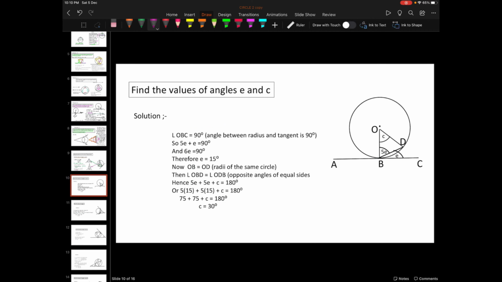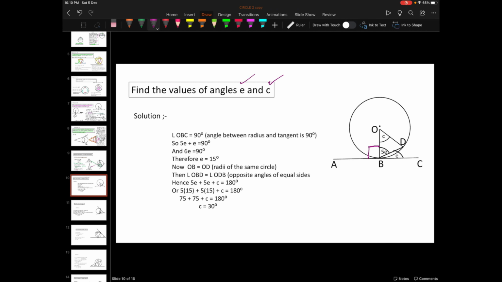Now next problem is find the values of angles E and C. The solution of this question is the angle OBC is equal to 90 degree.